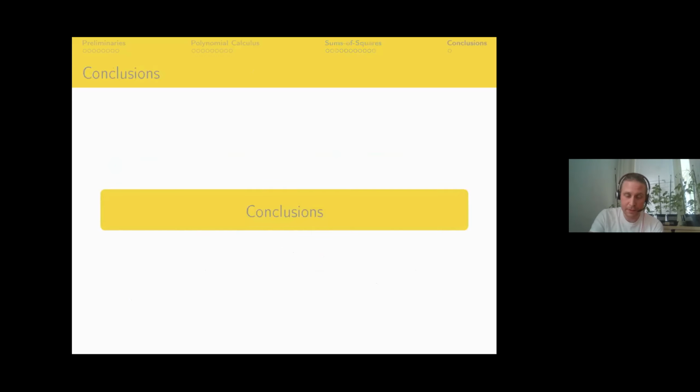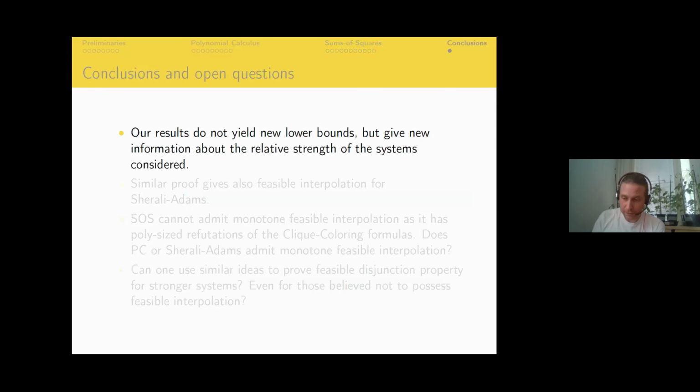So, conclusions before the break. First of all, these results do not yield any new lower bounds, but I see them as giving a kind of new information about the relative strengths of these proof systems, basically pulling them way closer to, say, resolution than the strong proof systems.